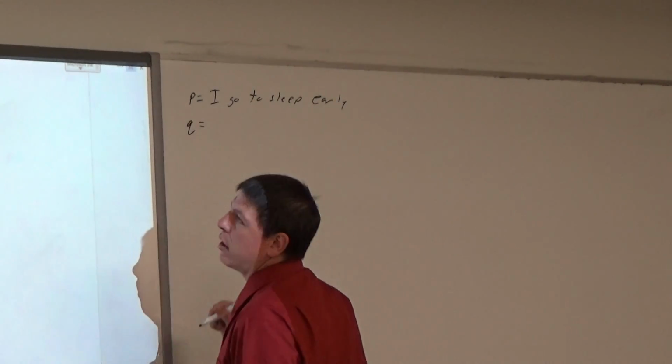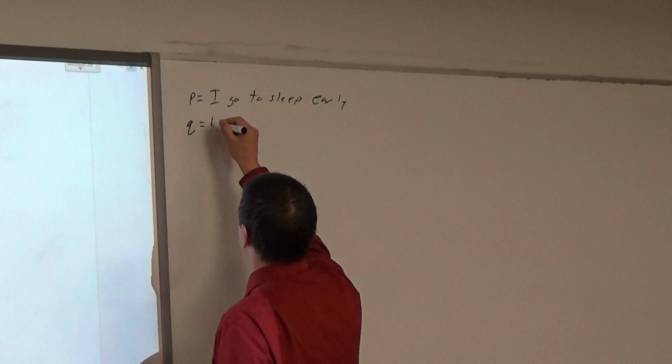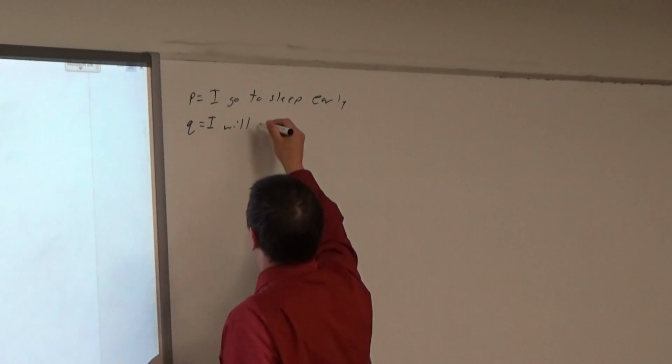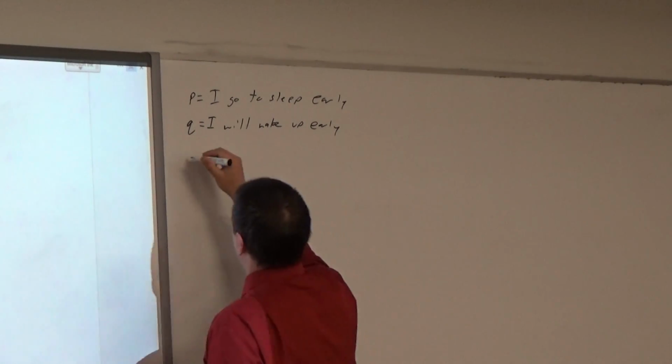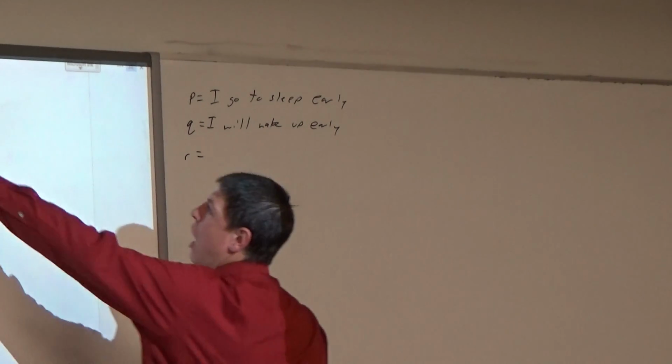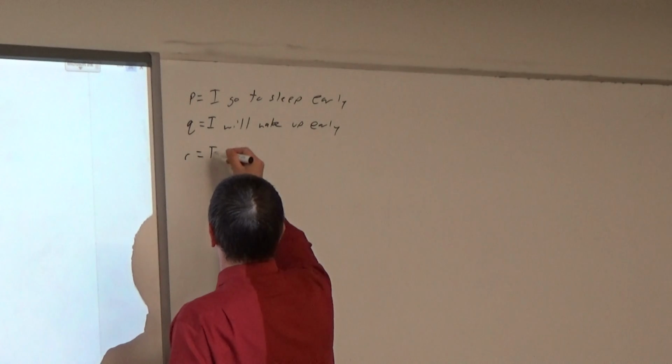Q is going to be I will wake up early. And then R is going to be I will be energetic all day.